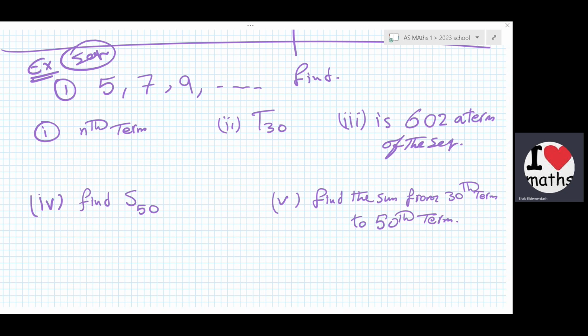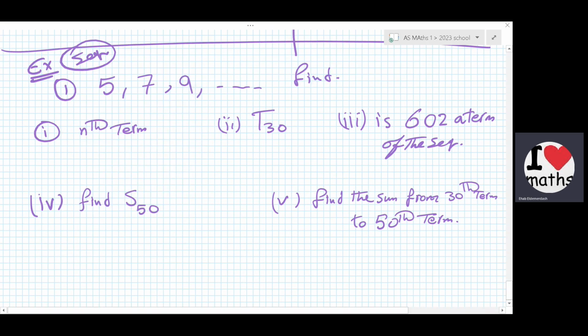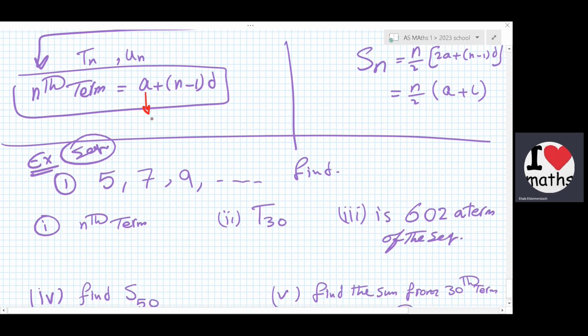Okay, let's go, 5, 7, 9. Who gets the nth term, guys? Who can remind me what the nth term is? Hassan, the nth term is 2n plus 3, right? Here the value of a is equal to 5, and then n minus 1 multiplied by 2, which gives 2n minus 2, plus 5, which gives 2n plus 3. So the nth term is 2n plus 3. Then he says find t30.